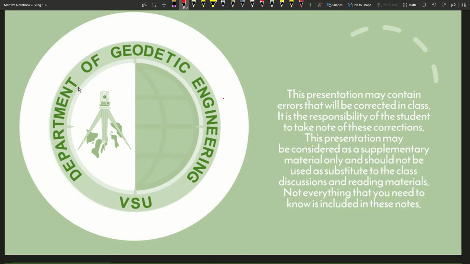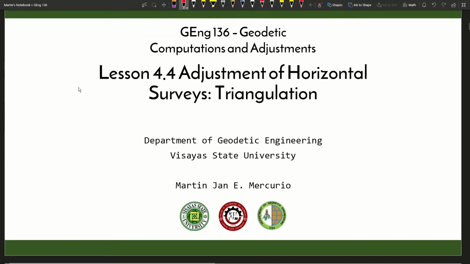So good day. For today, we will discuss lesson 4.4, the adjustment of horizontal surveys. Previously, we already discussed the trilateration method. So for today, we will discuss the triangulation.